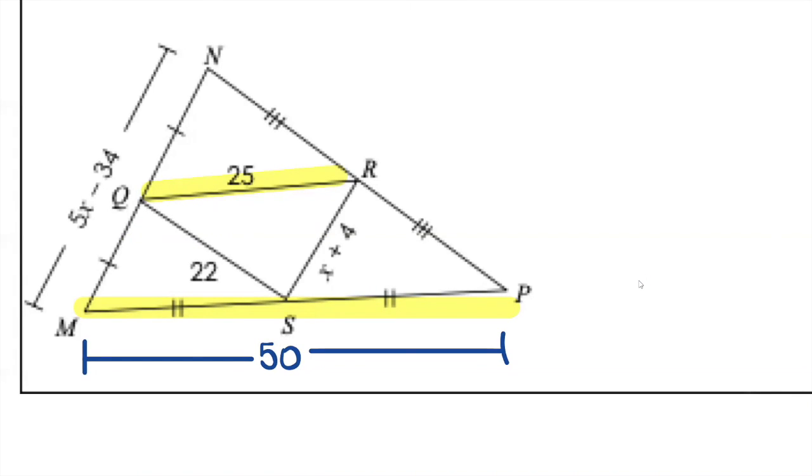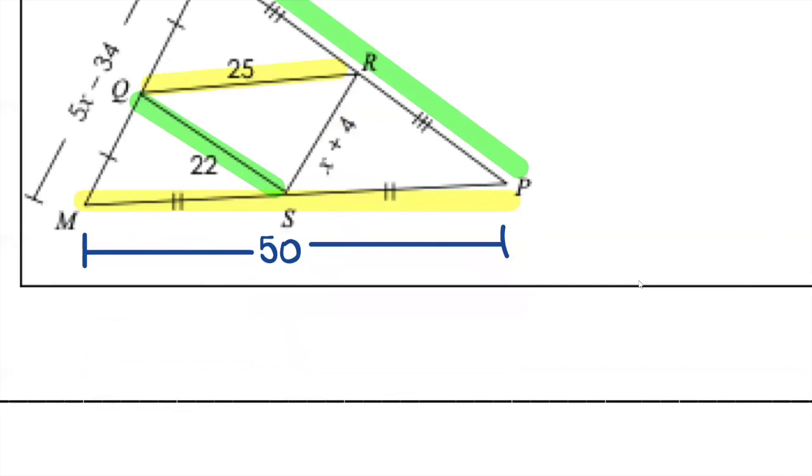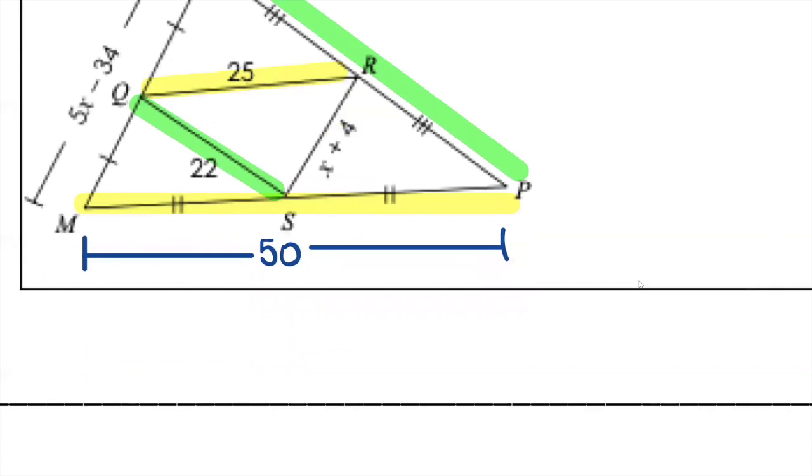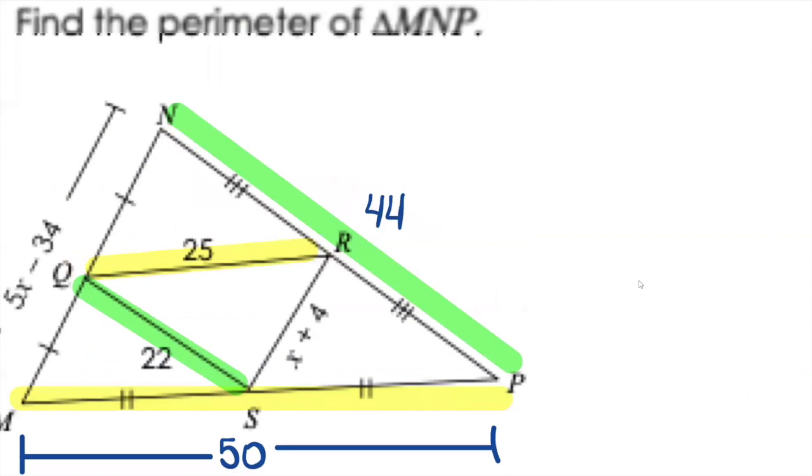That's nice of them to do that for us. So what would the length of NP be? 44, correct. How'd you get 44? 22 times 2. Excellent. So you just multiply your midsegment by 2.